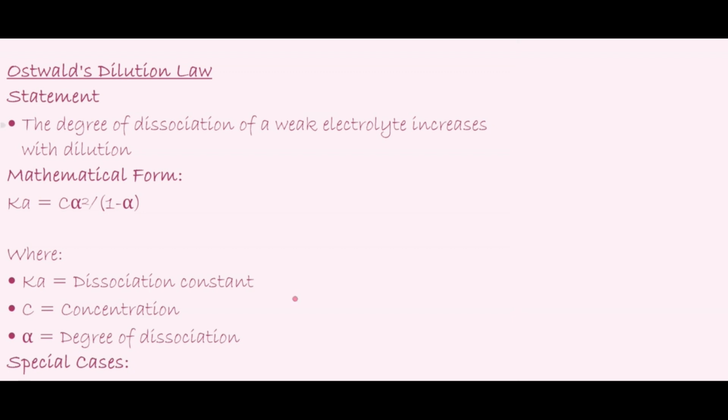That is Ka, which is equal to C alpha square by 1 minus alpha. There was a huge derivation in the book, but we are not concerned about the derivation for now because we are going to do 1 mark questions, I mean MCQs and FIBs. So this formula is important.